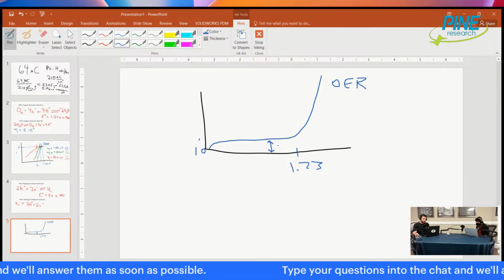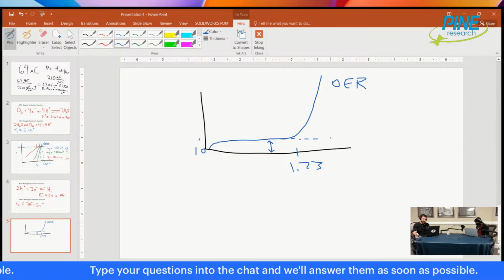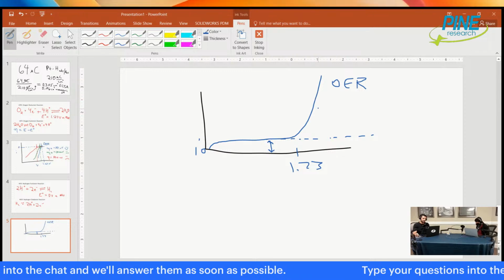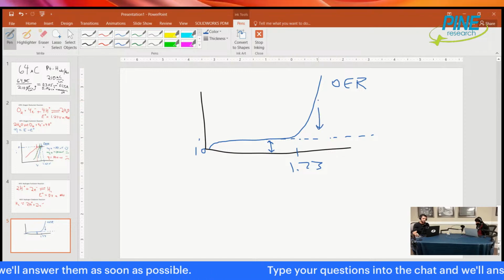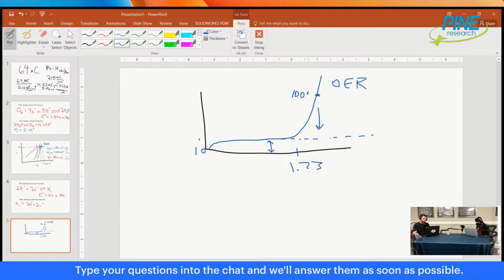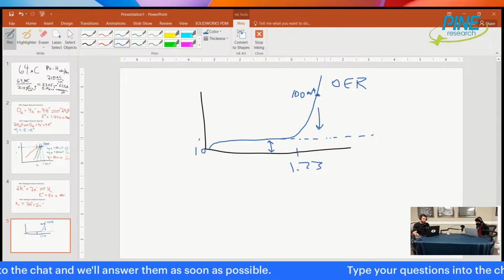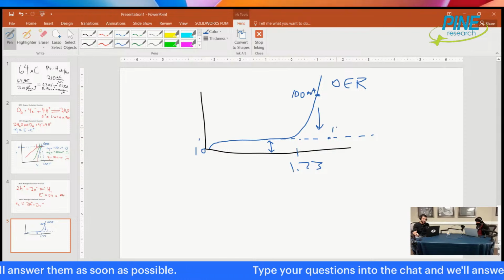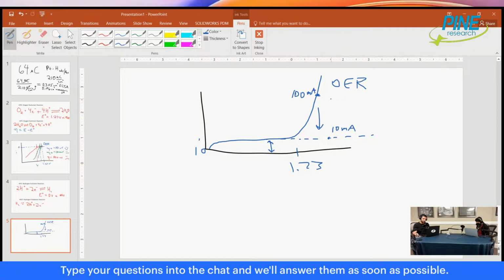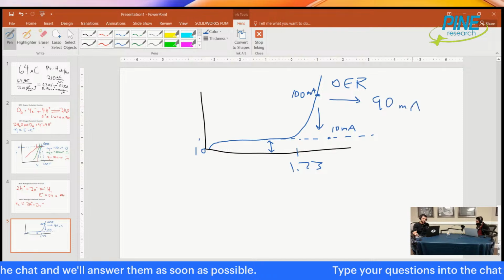So you might subtract this from all of these points, shifting the whole curve down. I'm just making up numbers, but say the point right here is 100 milliamps, and this baseline point is 10 milliamps. So you might report 90; you would subtract the baseline.